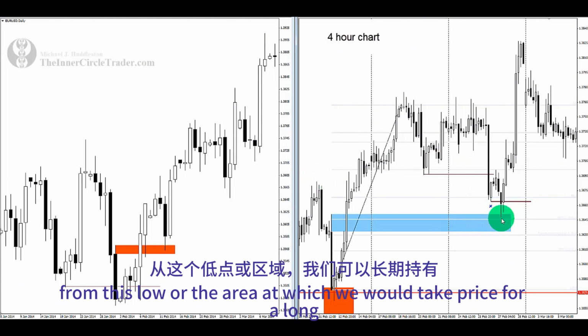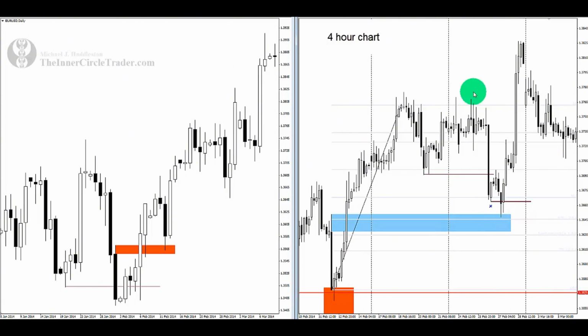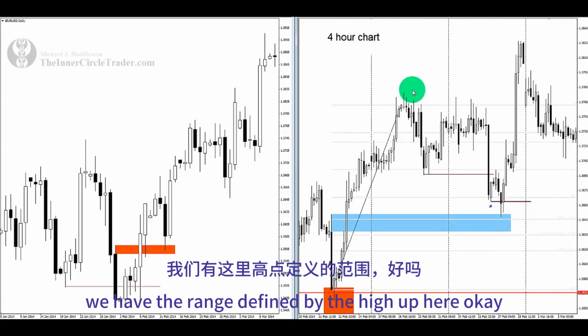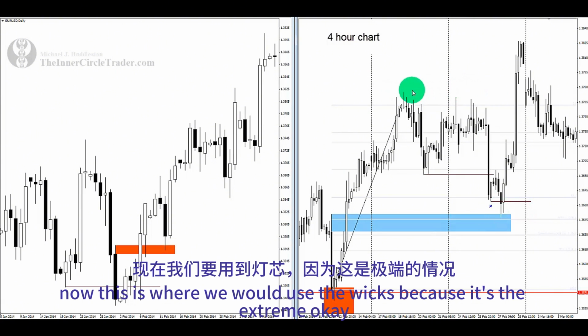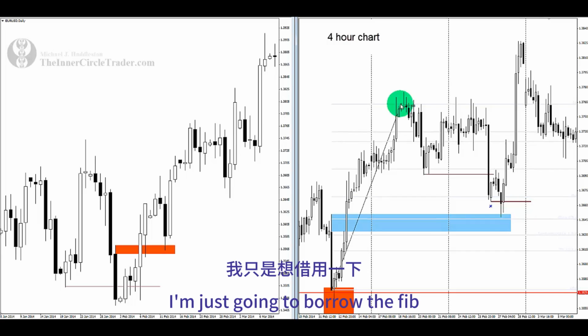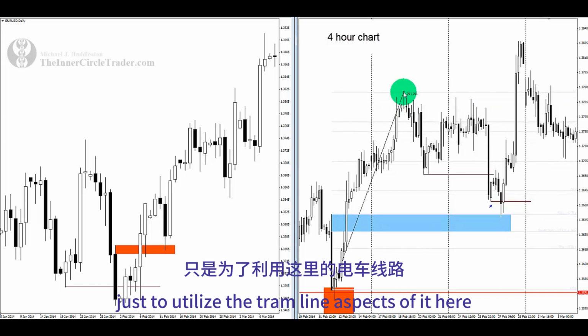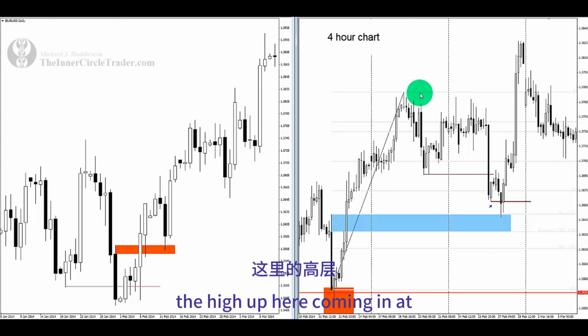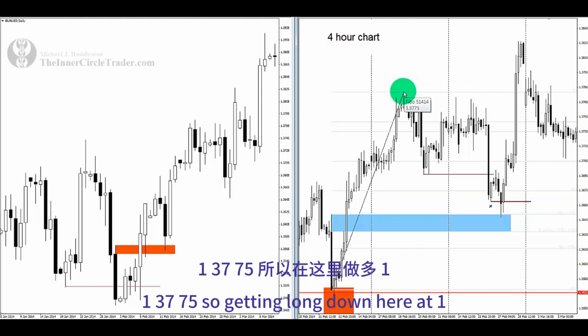Okay, well, from this low, or the area at which we would take price for a long, we have the range defined by the high up here. Now this is where we would use the wicks because it's at the extreme. I'm just going to borrow the fib just to utilize the trend line aspects of it here. The high up here is coming in at 137.75.